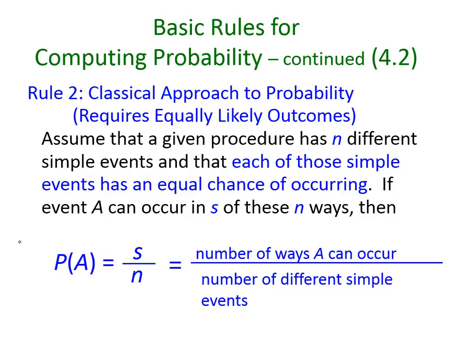If event A can occur in S of these n ways, then the probability of event A happening is S over n, or the number of ways A can occur divided by the number of different simple events. So the probability of getting a heads is 1 out of 2, because there's one head out of the 2 simple events.